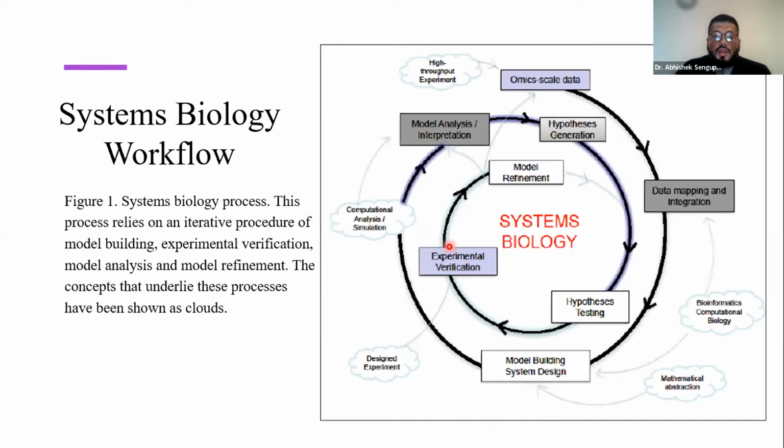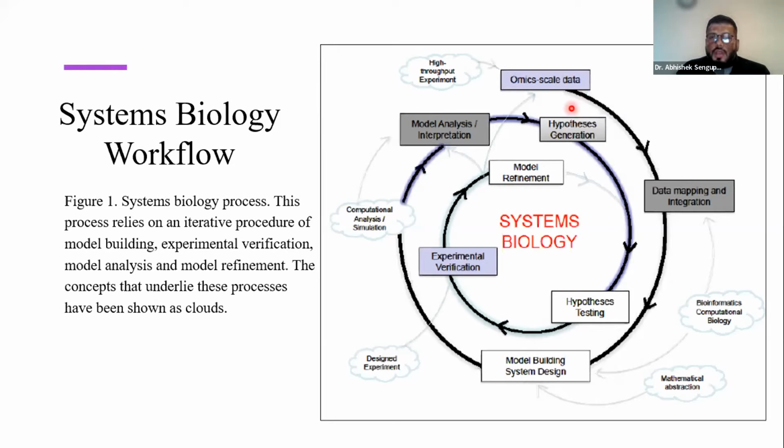One can then proceed to analyze and interpret the data. So this is model analysis and interpretation. From analysis and interpretation, we come out with hypothesis generation, then hypothesis testing. So we do the testing of the hypothesis, and you see here modeling and experimentation go hand in hand. It's not solely computational in nature, but we need experimental data to validate it at every step, right?